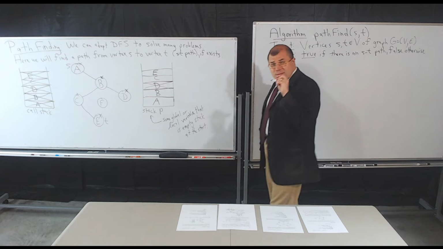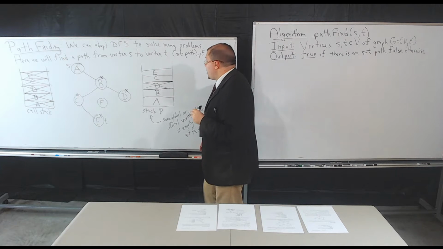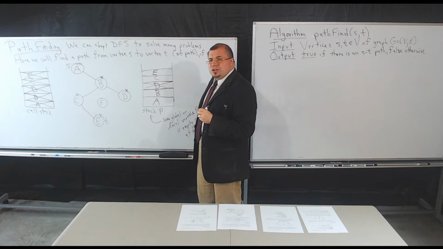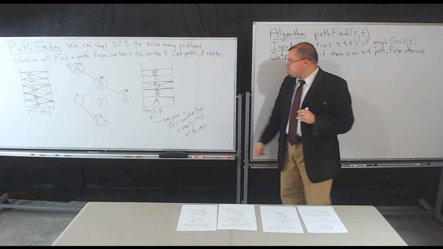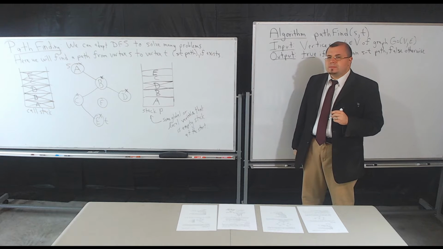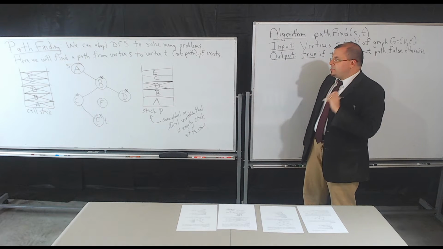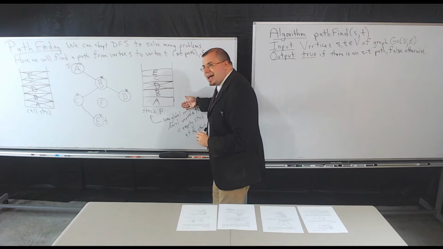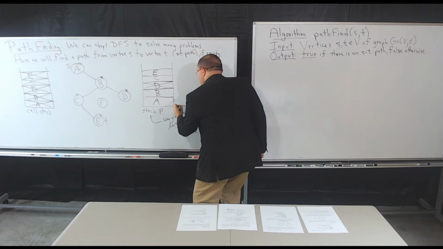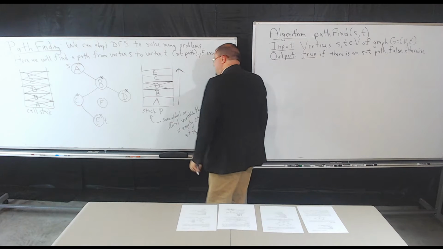So it's a very slight modification I made. However, I have this stack P. Do you see the ST path? Do you see it? Where is it? If I'm starting at S and I want to go to T, where is it? Just look at this stack here. Read it like this.